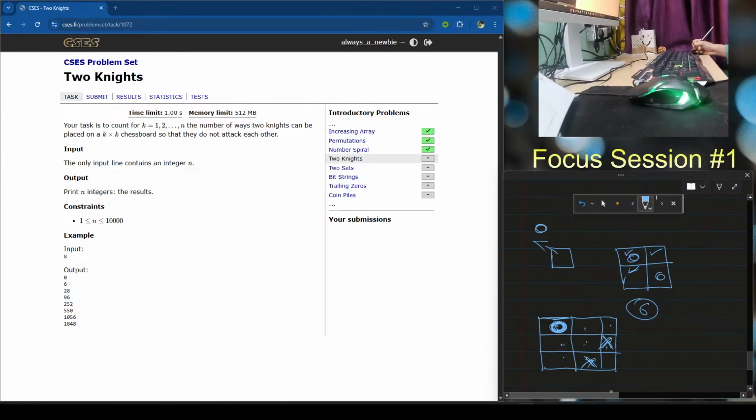So the number of ways to place the knight, 6. I'm missing something. Like if I place one knight here, the other knight can be placed in 1, 2, 3, 4, 5, 6 positions.